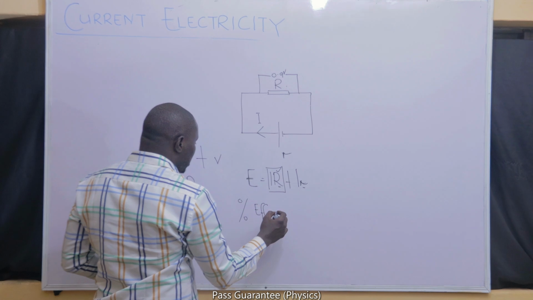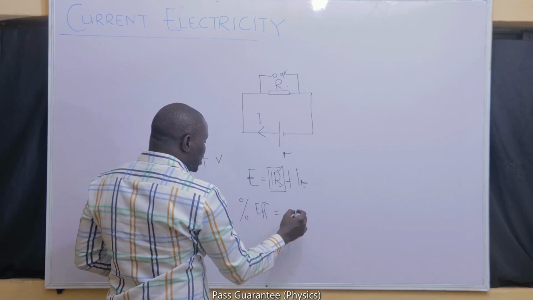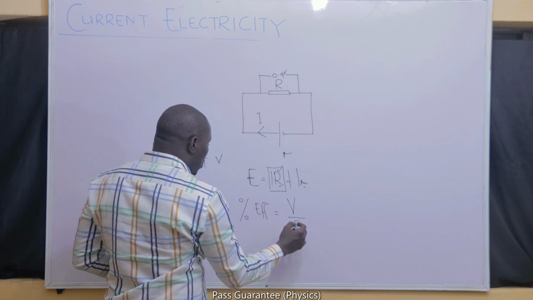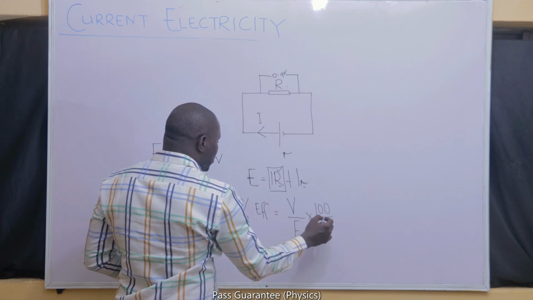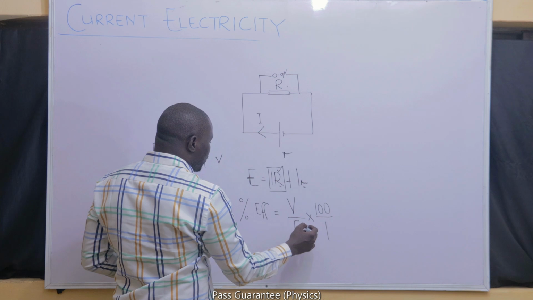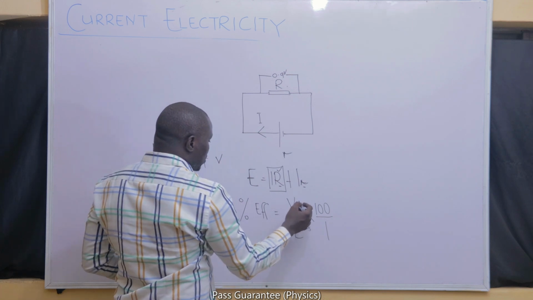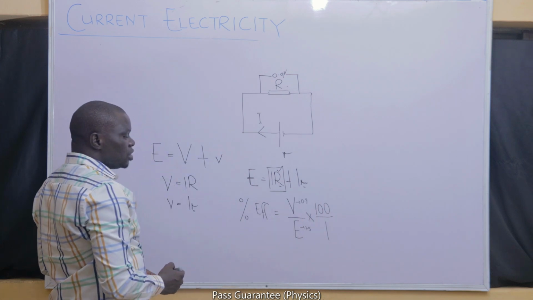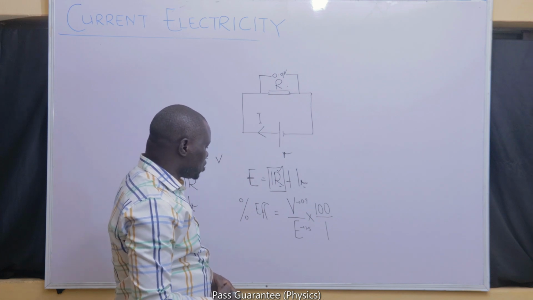Percentage efficiency of the cell can be calculated as what the cell can do, V, all over what it ought to be able to do, E, multiplied by 100 over 1. The manufacturer gave it an EMF of 1.5. That is what it should be able to do. But upon working, we find out that the terminal potential difference that it is using for our external load is 0.9. So the efficiency will be 0.9 divided by 1.5 times 100 over 1.